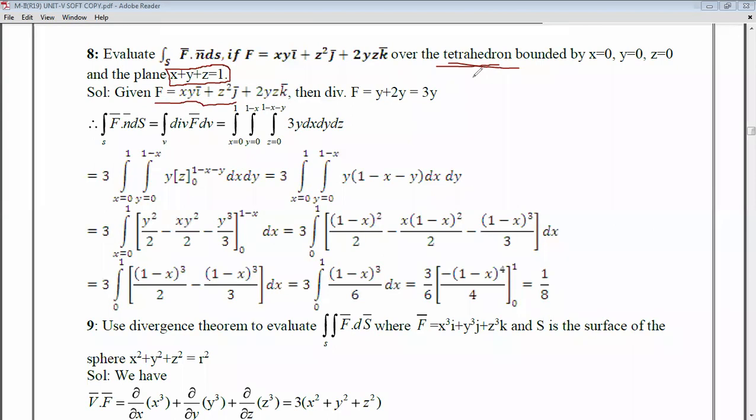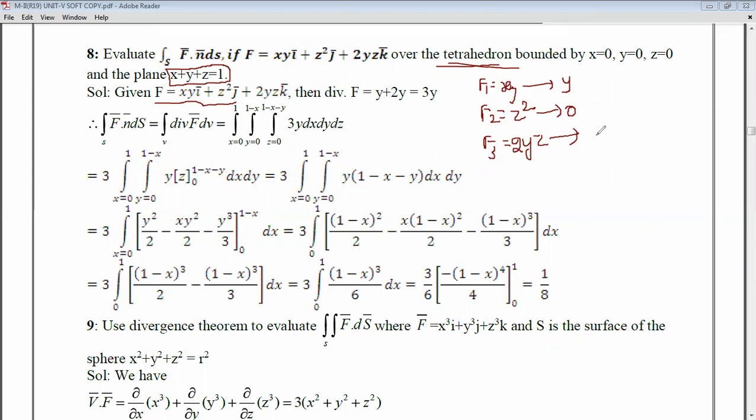So first, given f bar, we chose the vector as this, and next we need to calculate the divergence of f bar. Here f1 is equal to xy, the i coefficient, f2 is z square, the coefficient of j, and f3 is 2yz, and you need to find the derivatives for this. ∂f1/∂x is simply y, and ∂f2/∂y is 0, because there is no y.